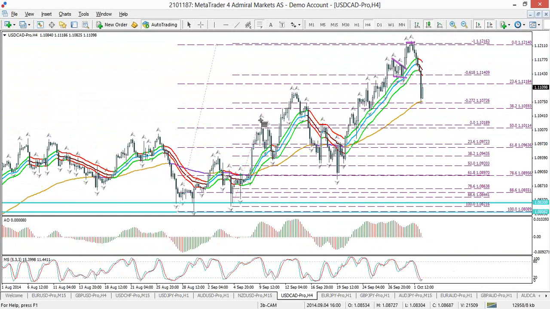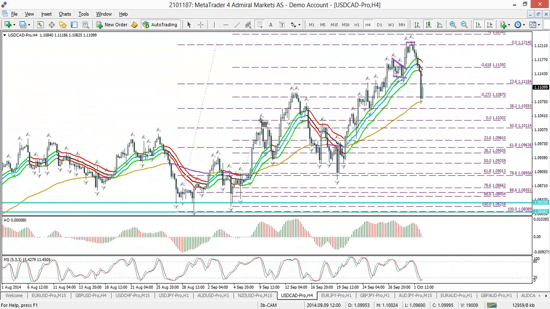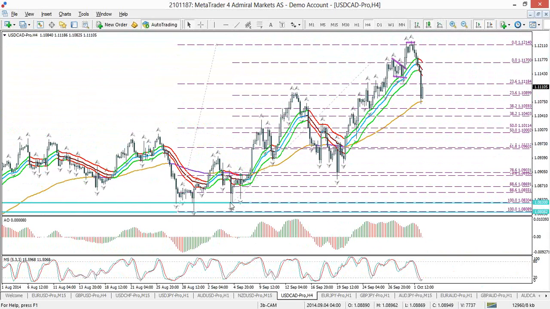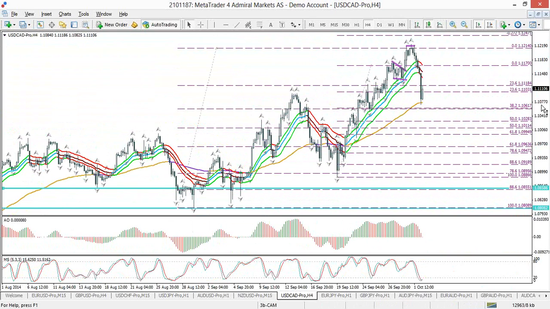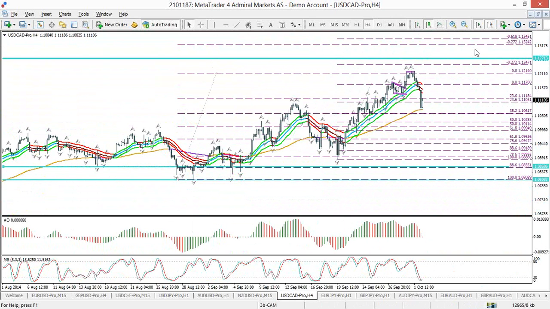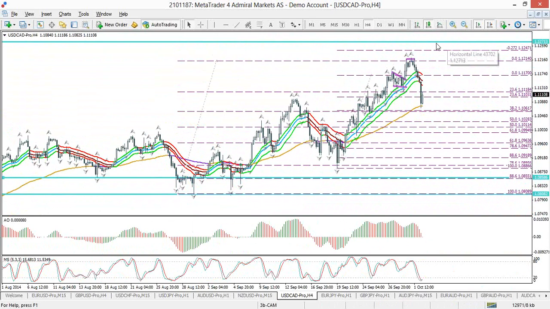Let's take a look. It looks like that has, at the moment, probably the same target in mind, by that 113.20 area. But there is a big resistance spot right there.